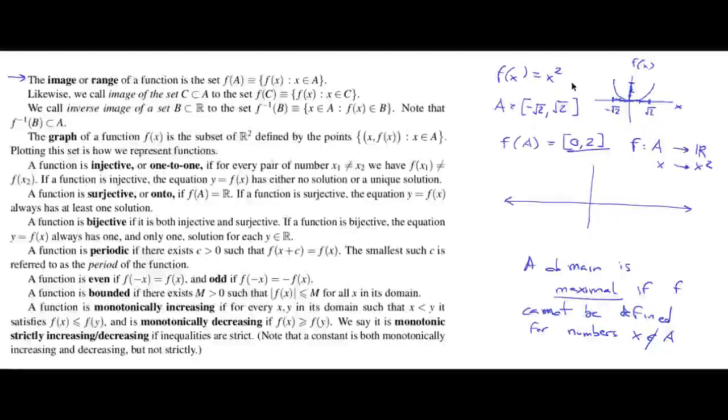So we say that this domain is not maximal. The maximal domain for x squared is actually the real line, because you can plot this function, this parabola, forever. It goes on for every negative number, you can compute its square, and the same for every positive number. So that's the maximal domain.